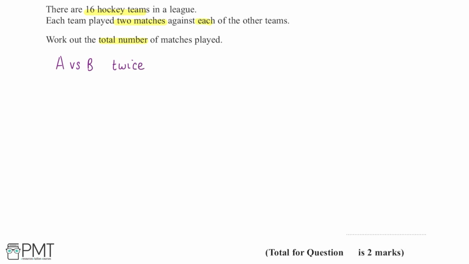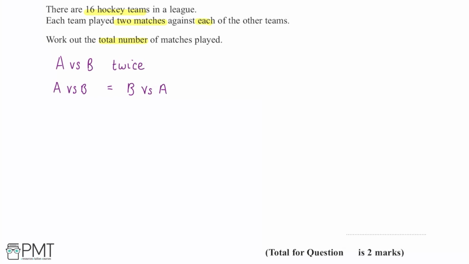However, what we need to be careful of here is that A playing against B is the same thing as B playing against A. So although each team is playing 2 matches against each of the other teams, these are all going to be counted twice because A playing B is the same as B playing A. So it's counted when looking at the teams that A is playing and when looking at the teams when B is playing. So we're actually going to need to half the number that we think it's going to be, basically.